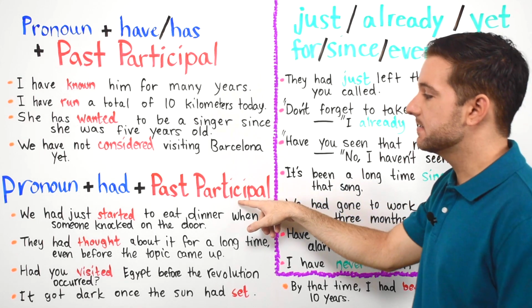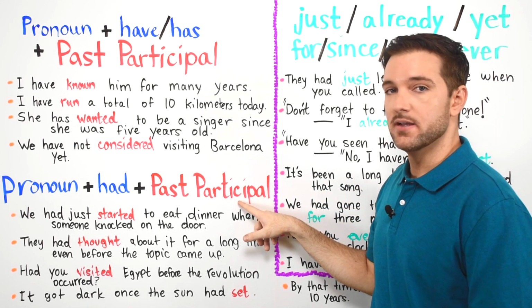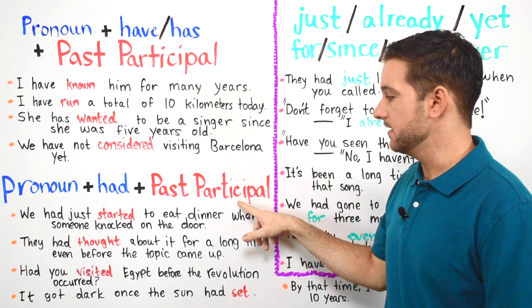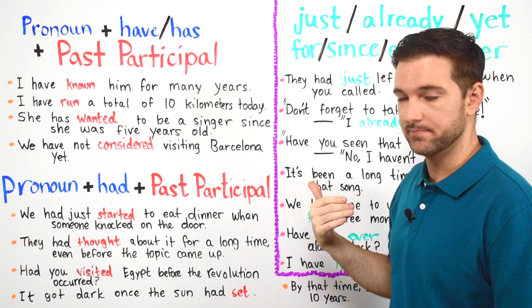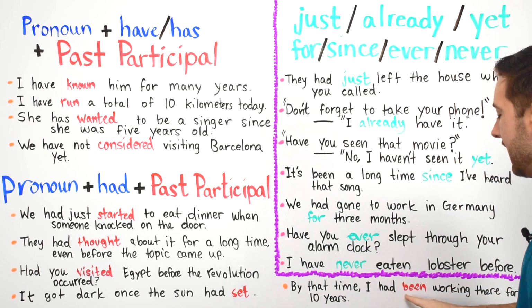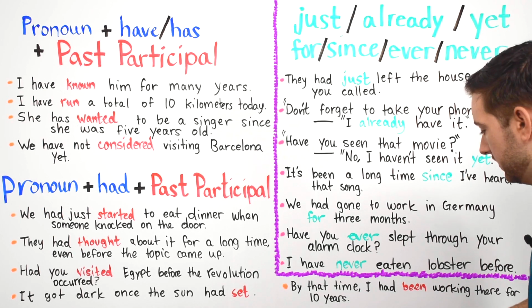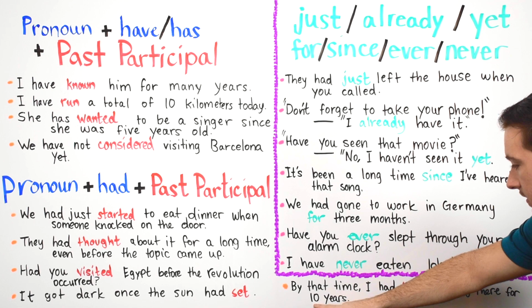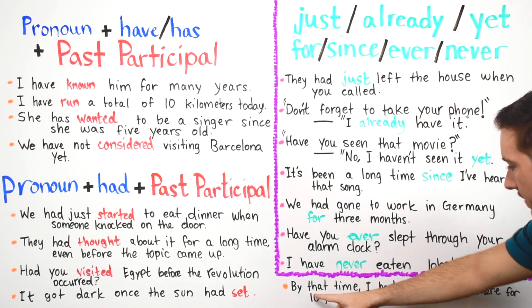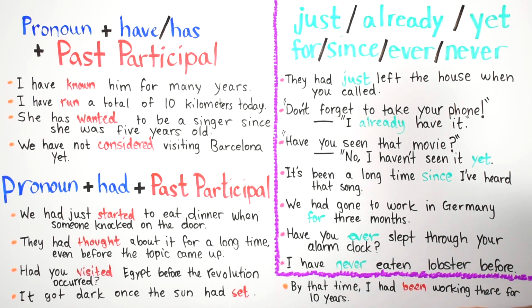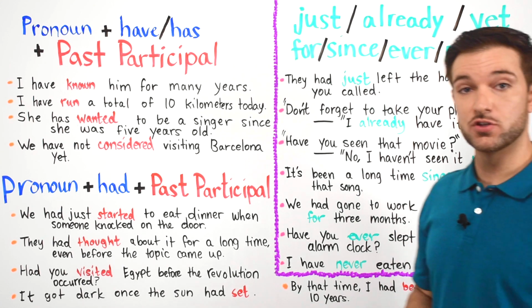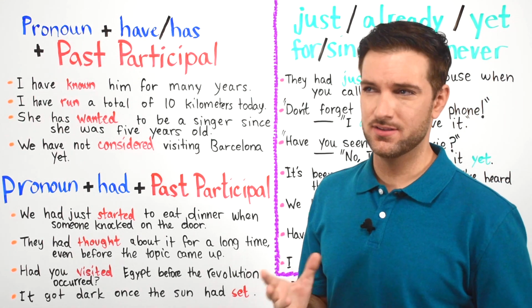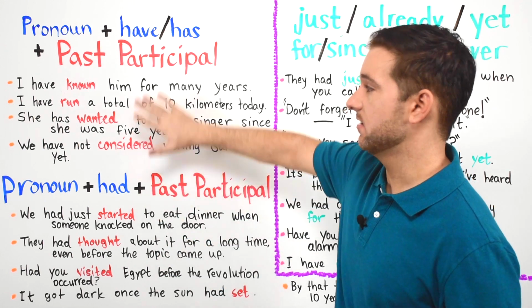Remember, the simple past of to be is I was, or you were. Yesterday I was... By that time I had been working there for 10 years. All right, so make sure you practice those, guys. These are a little bit more complicated than these ones.